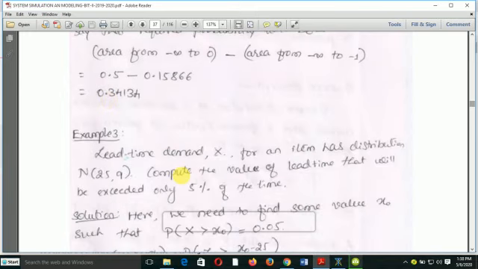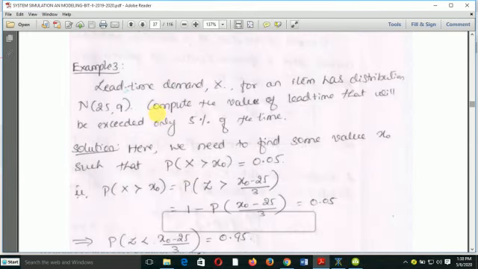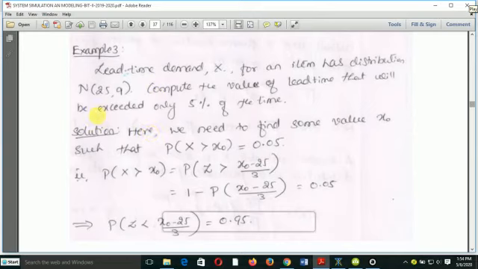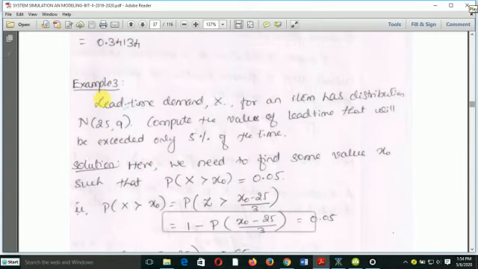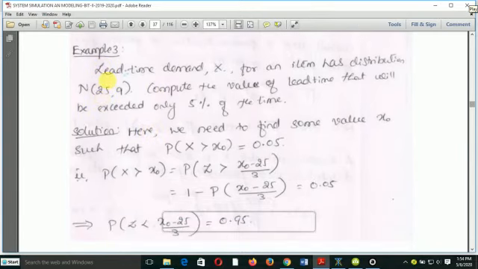We can also have another example, example 3. Let's check example 3. The lead time demand X for an item has a distribution N(25, 9). Here we have a mean of 25 and a variance of 9.